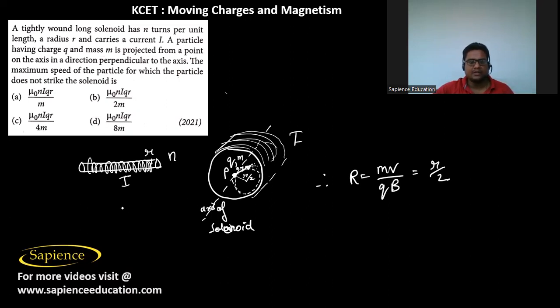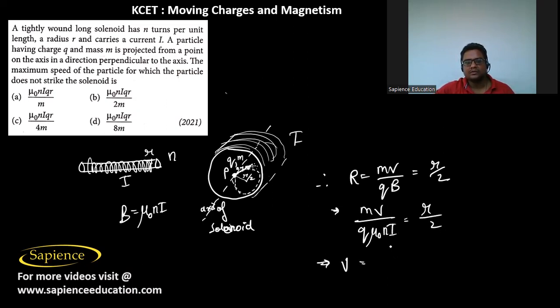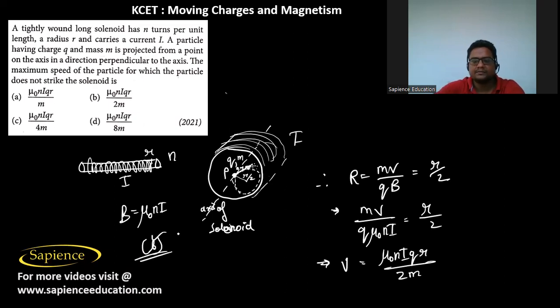The magnetic field inside the solenoid is uniform and equal to mu naught n i. So mv by q mu naught n i equals r by 2. We have to find v, which is the maximum speed. So v will be mu naught n i q r by 2m. So option B is the correct answer.